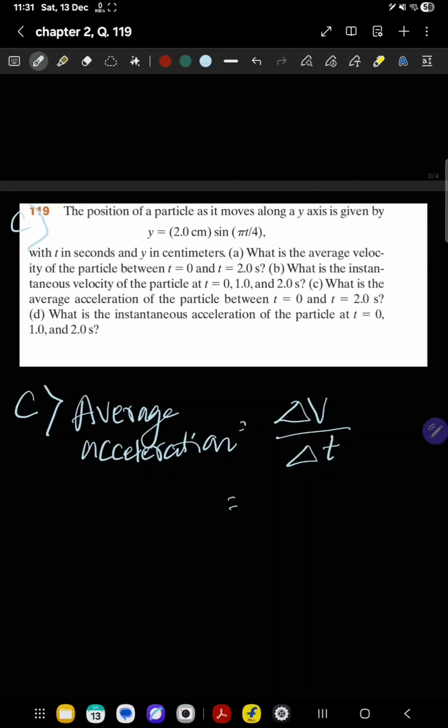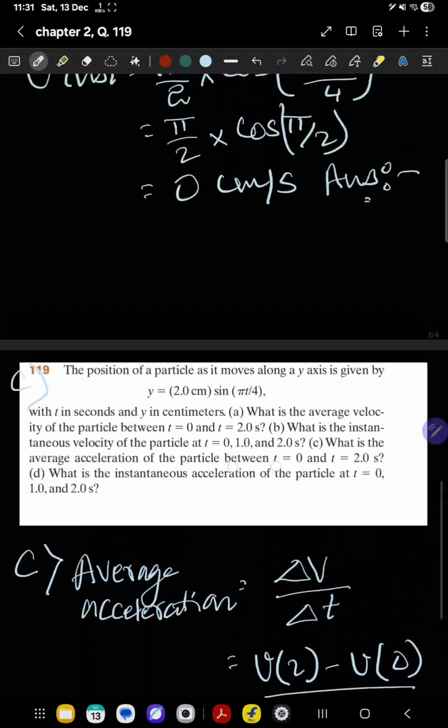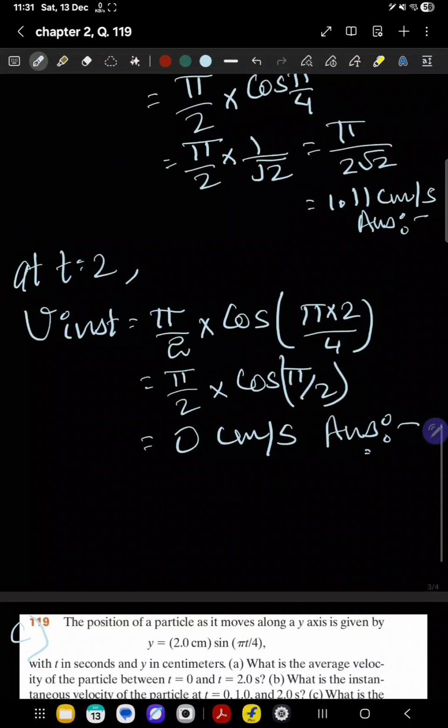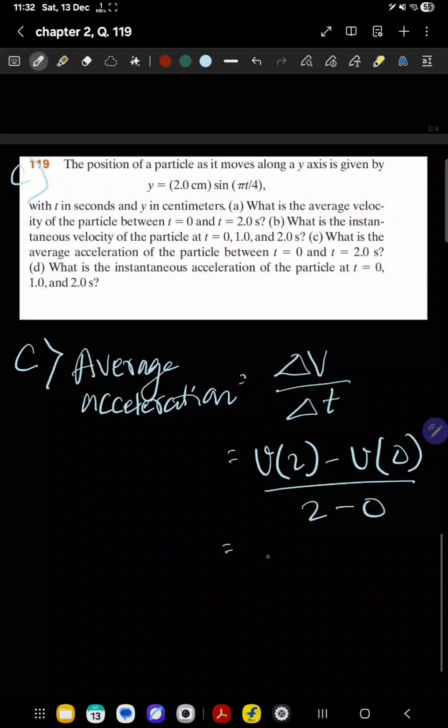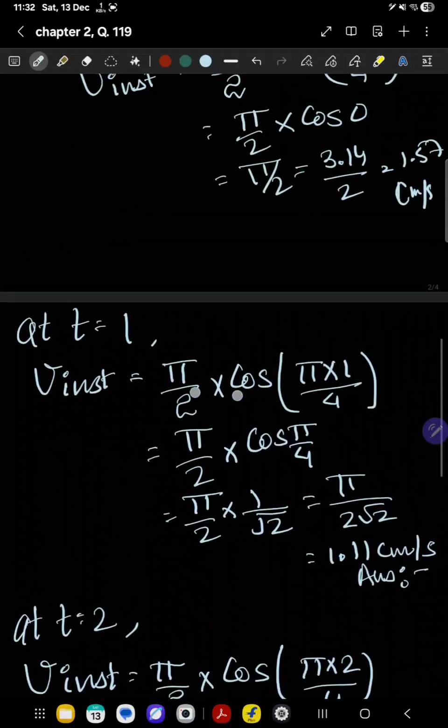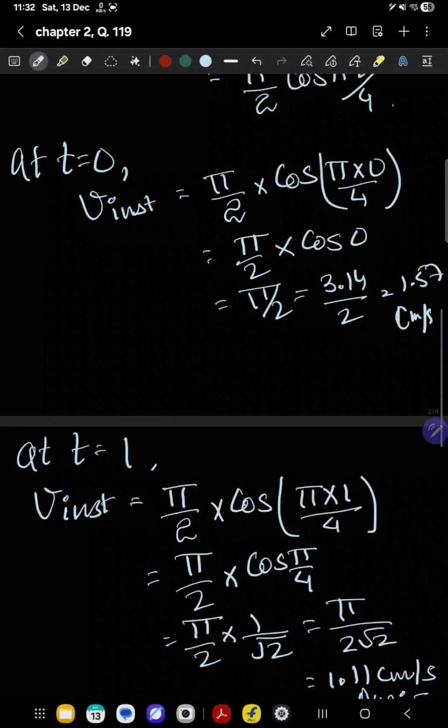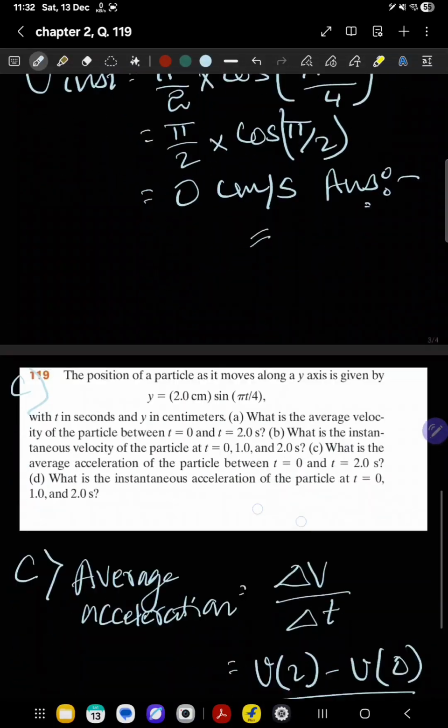So average acceleration is velocity at 2 seconds minus velocity at 0 seconds, by 2 minus 0. The velocity at 2 we have already calculated as 0 centimeter per second, so we will write 0 minus the velocity at t equal to 0, which we calculated as 1.57 centimeter per second.